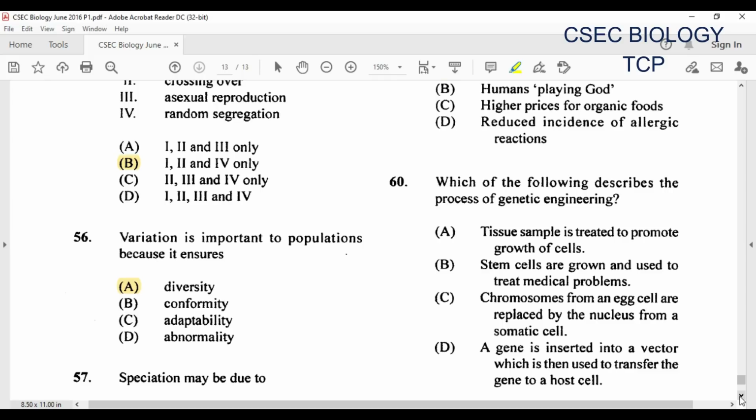Chromosomes from an egg cell are replaced by the nucleus from a somatic cell. A gene is inserted into a vector, which is then used to transfer the gene to a host. I am going with B.